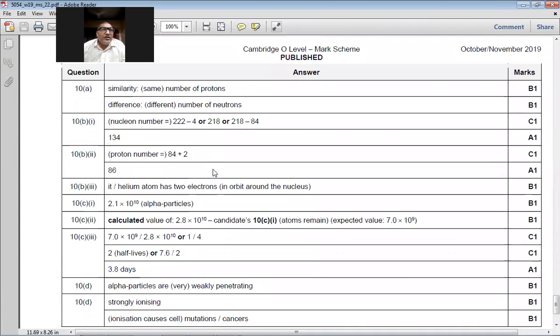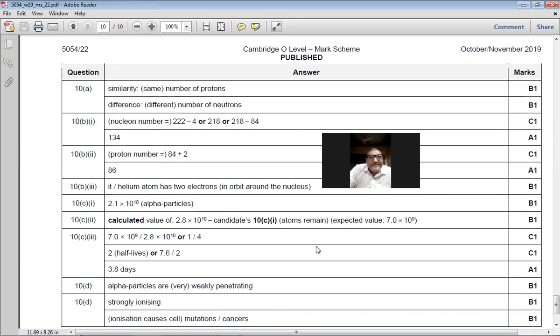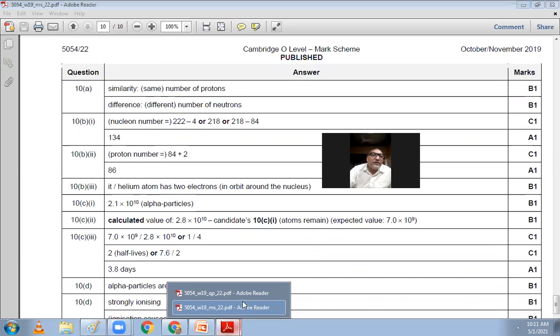On the screen, the nucleon number is 218, the number of neutrons is 134, and the proton number is 86. I hope you have understood how I did this. I wrote an equation, and before solving the question, I completed that equation. Okay, let's move to the next part.